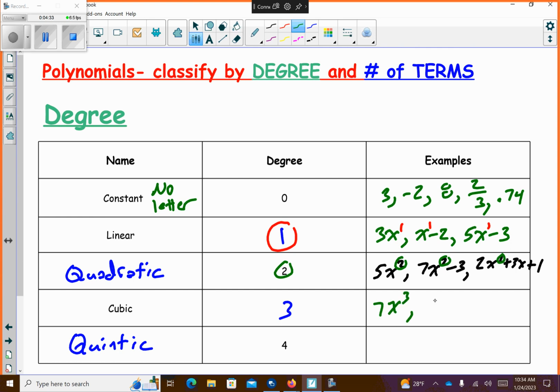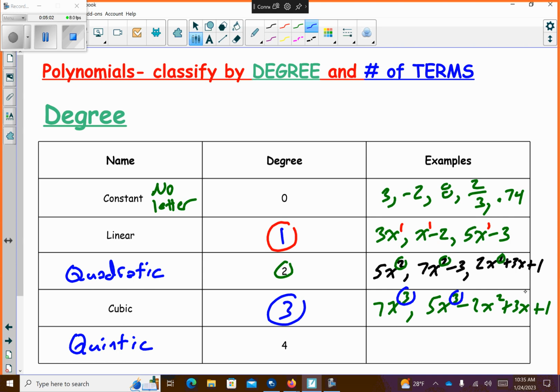Or you could have something huge, like 5x to the third minus 2x to the second plus 3x plus 1. Highest exponent is to the third. Yes, you might have other exponents, but no matter what order it's in, the highest exponent happens to be 3. And that means it's cubic.